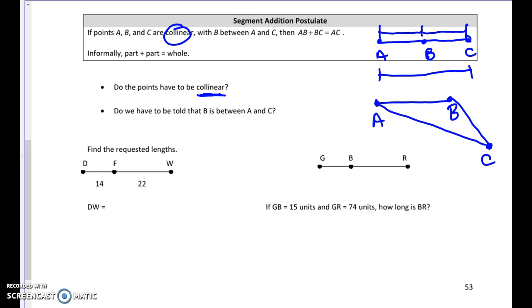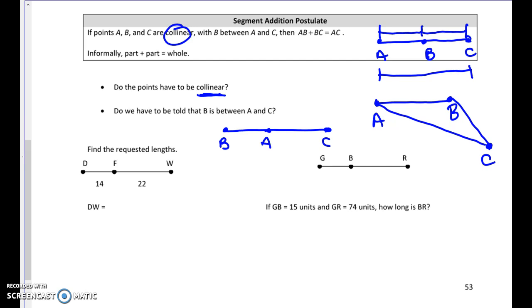We have to be told that B is between A and C because if we had this situation, B, A, C, you can clearly see that AB plus BC in no way equals AC because AC is one of the parts, whereas BC is now the whole length. The part plus part equals whole would no longer work.